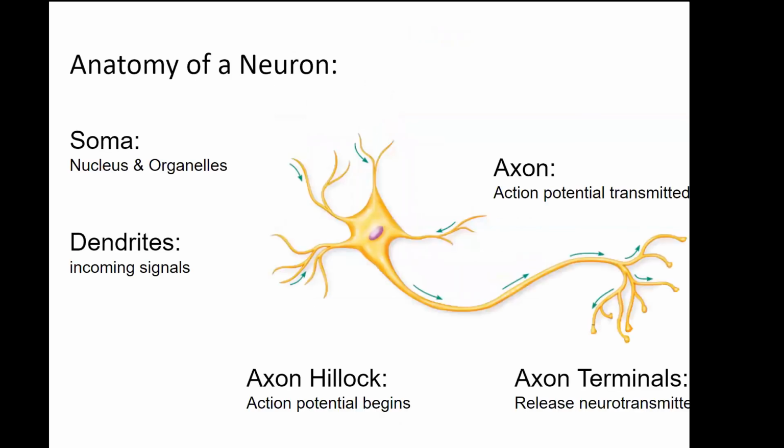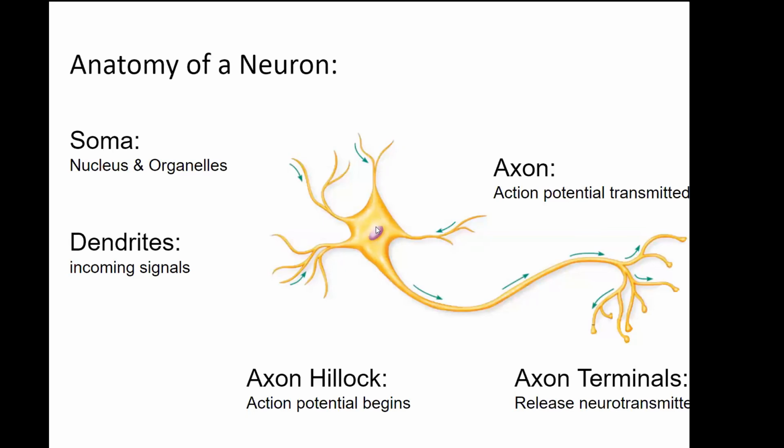As we're talking about our neurons and these signals, I also want to quickly go over the anatomy of a neuron, because I know we talked about it a little bit in physiology, but not in much detail. This will all make more sense if we know where we are in the neuron. The anatomy of a neuron involves a cell body.